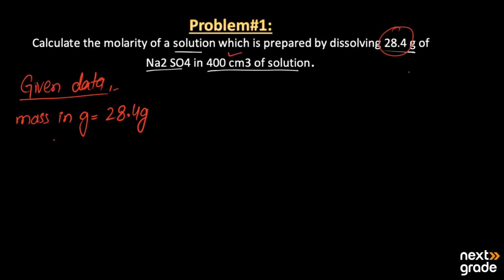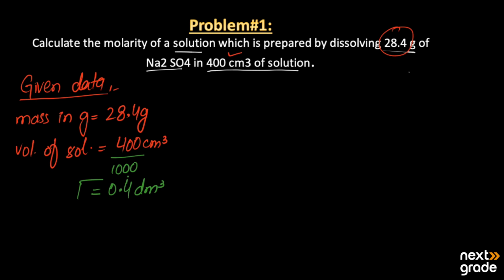The second thing is the volume of solution, which is 400 centimeter cube. As the volume is in centimeter cube, we need to convert it into dm cube by dividing it by 1000. Then we have the new volume, which is 0.4 dm cube.